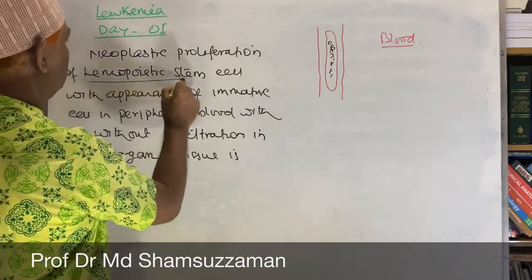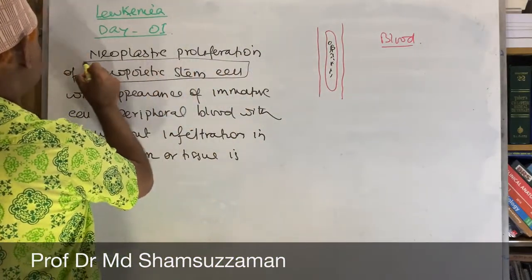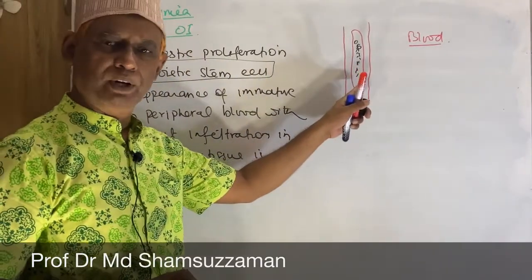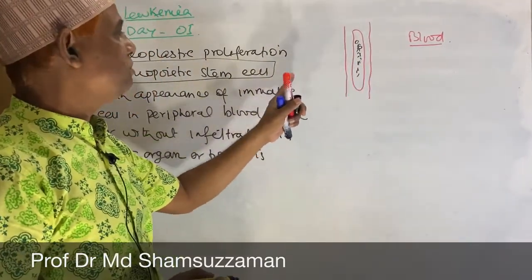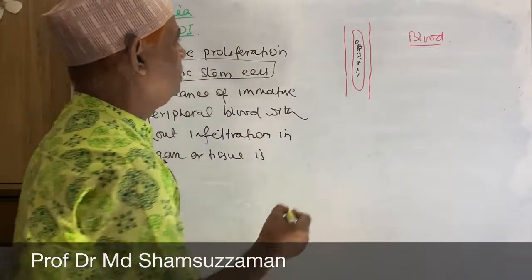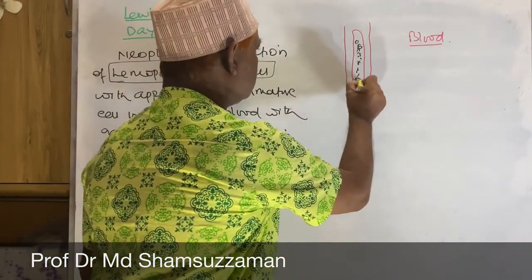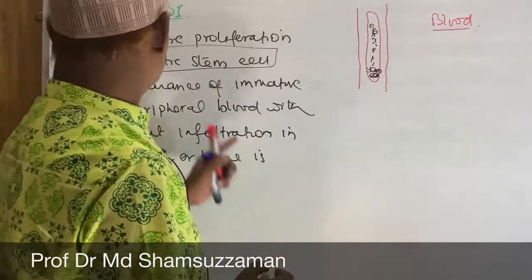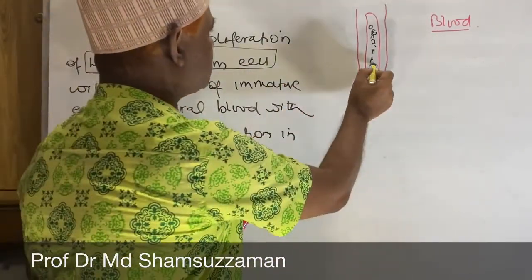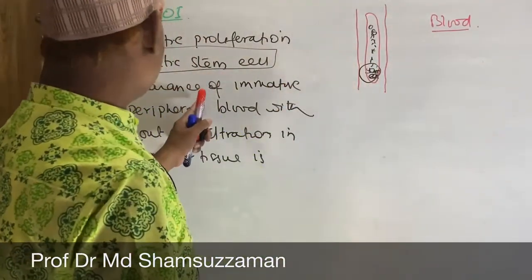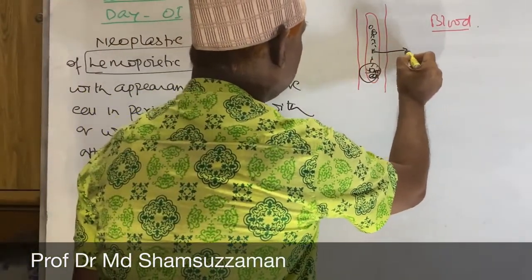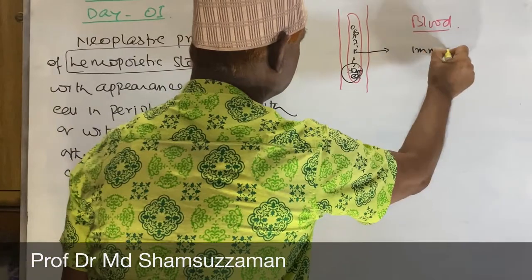So this is the cancer, or the neoplasm, of the hematopoietic stem cell in the bone marrow. This is stem cell cancer. So, neoplastic proliferation of this stem cell with appearance of immature form, and from the bone marrow the immature cell comes in blood.